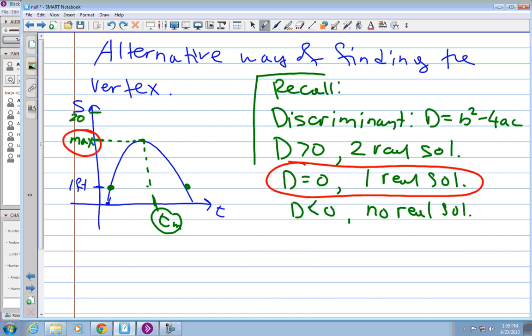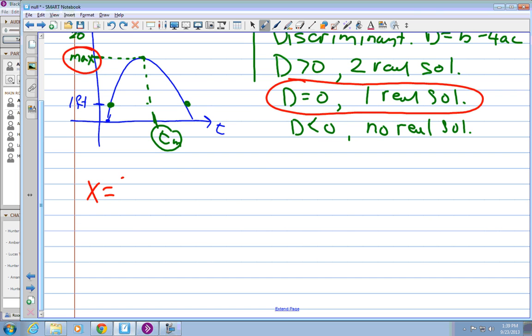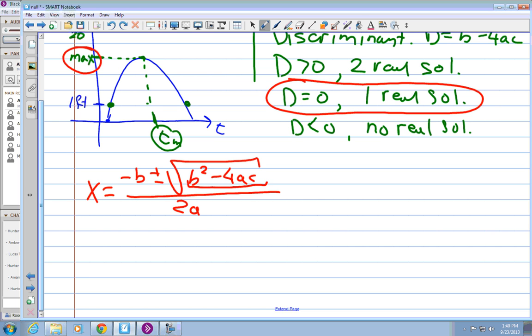If I go back to the quadratic equation, and D equals 0, what's left out of that quadratic equation? D is that square root, b squared minus 4ac. If that equals 0, what is left? Negative b over 2a. So that's always going to be the location of the vertex, negative b over 2a, because that gives you only one exact solution.